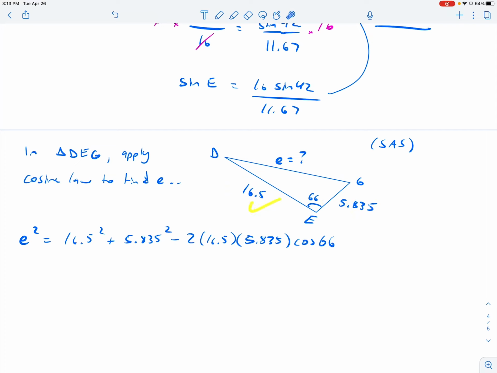You always just use the two sides and the angle in between. And these are always opposite to each other, angle E and what I'm looking for, E.